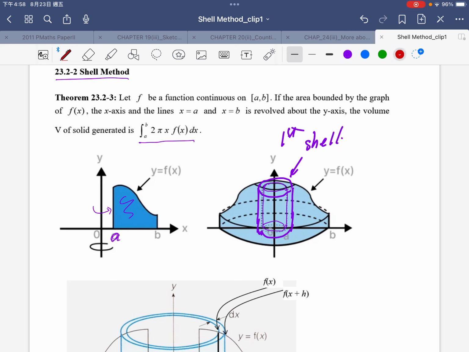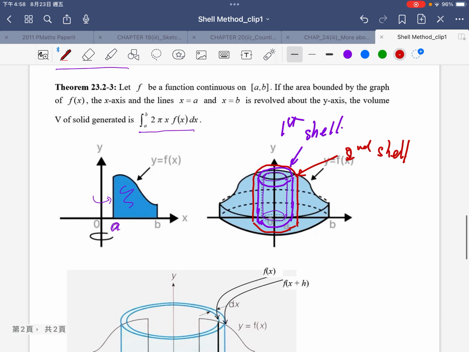And then let me draw another shell. This is the second shell. If we sum all the shells, we finally get the volume of the rotational solid.